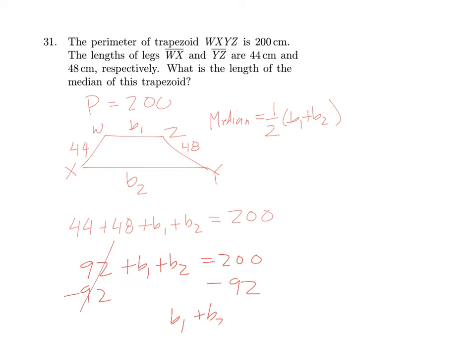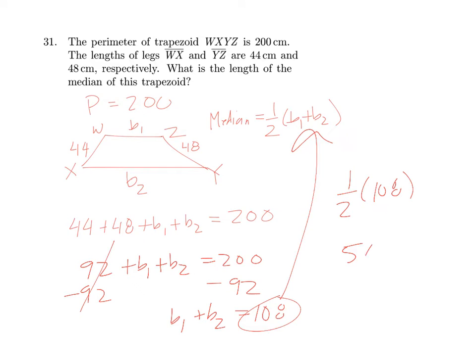Base sub 1 plus base sub 2 equals 108. All right, I take this and I plug it in to the formula, and I have half of 108, which is 54. And that's the length of my median, or my mid-segment. 54 centimeters. Done.